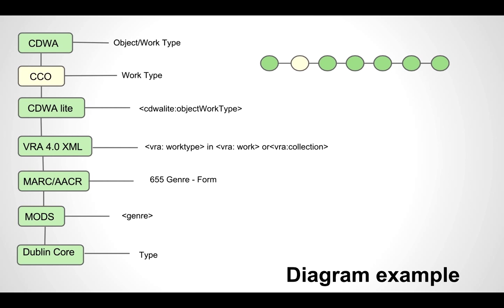So, for example, the CDWA puts their language as object and work type. And then Visual Resources Association has their markup language of VRA, work type, and or of the collection.